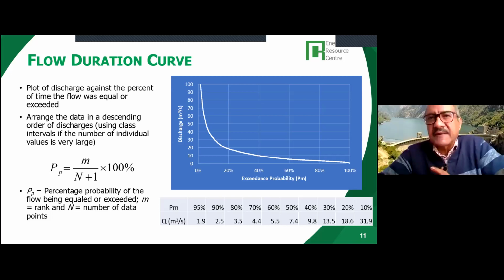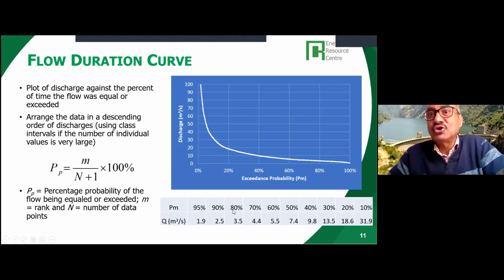Yes. Okay. I think I get your question. Suppose we use the design discharge of 95% or, let's say, 80%. So if you design for 80%, 3.5 cubic meters per second, but 20% of the time you have less than 3.5.